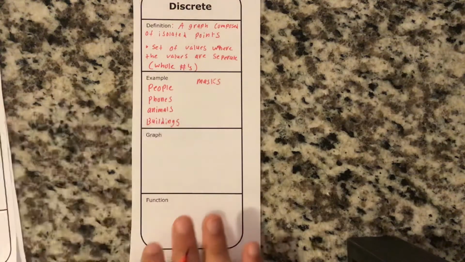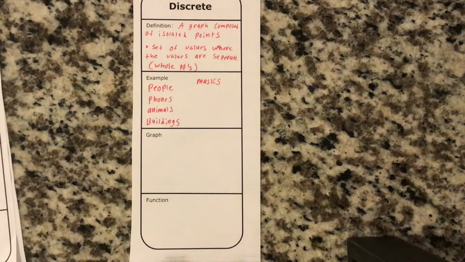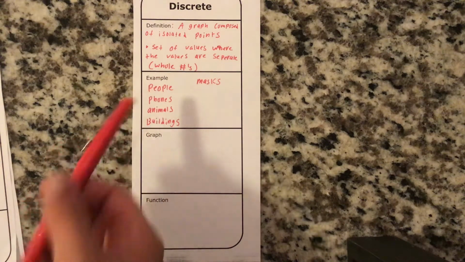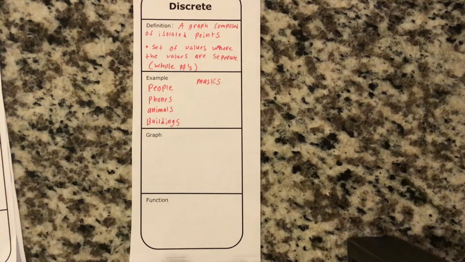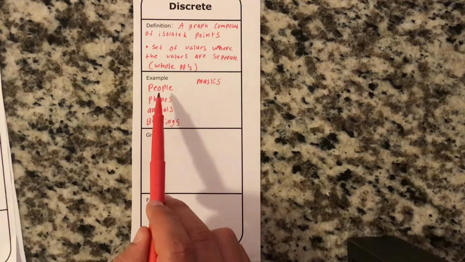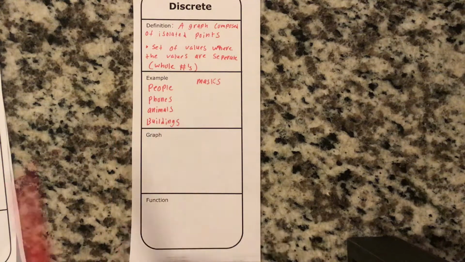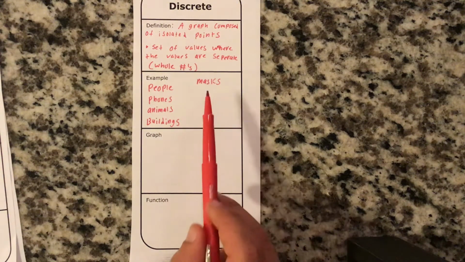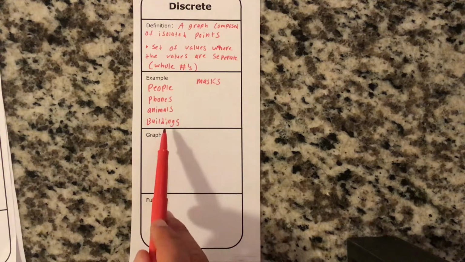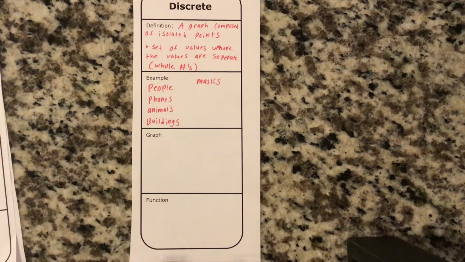All of these things have in common that it's impossible really to have decimals of some of these things. If we have people, you can't have a third of a person. You can't have a third of a dog. These are all things that have to be whole numbers. We have 5 masks, we have 2 buildings, 3 phones. They need to be whole numbers.